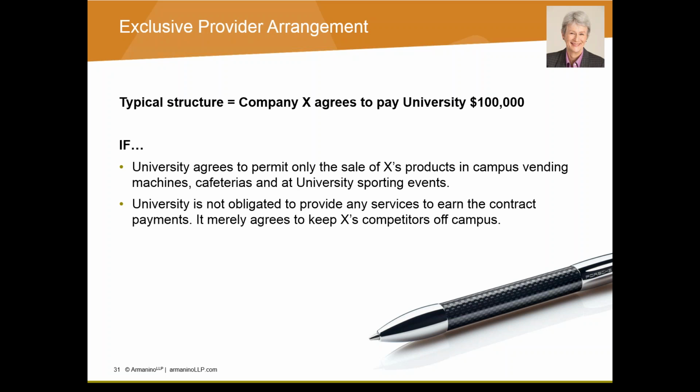So what they're saying there is that if there's some other reason why you only have one brand of soda on your campus, because maybe you don't have enough space or because there was some bidding arrangement and they won, right? So if it's something other than the fact that they gave you this big sponsor payment, then that's not going to be an exclusive provider arrangement that will kick you out of the QSP.